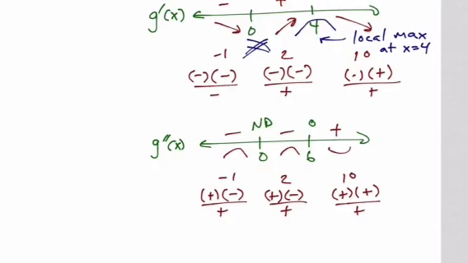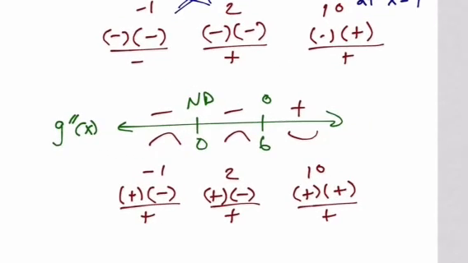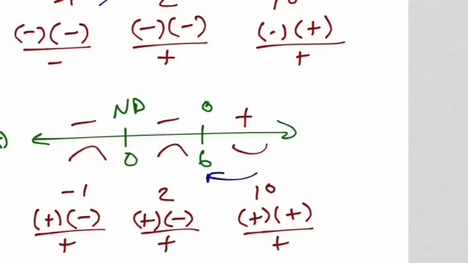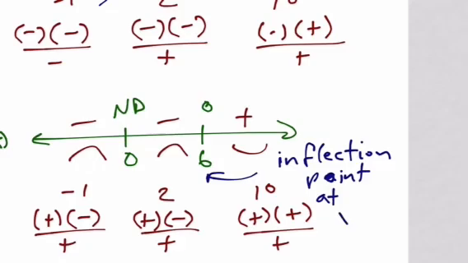The original function will have those characteristics. And we can see, because concavity changes at 6, that there's going to be an inflection point at x equals 6.